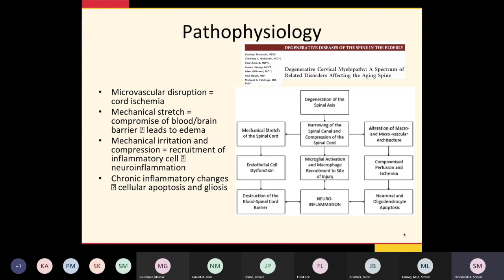Both of these things together cause microvascular disruption, and that leads to the cord ischemia, as well as the mechanical stretch and compromise of the blood-brain barrier, which has been thought to lead to edema in the cord. And as a result, you have recruitment of the inflammatory cell neuroinflammation cascade, and the end of the line would be chronic inflammatory changes and potentially accelerated cellular apoptosis and gliosis.